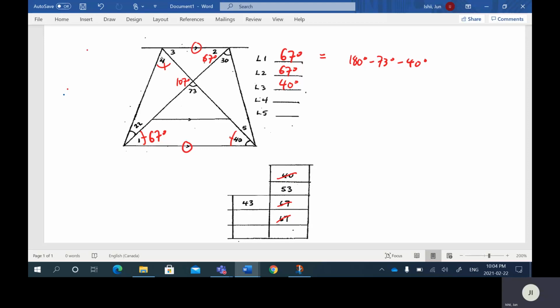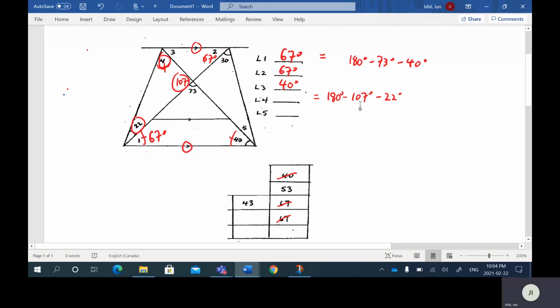So therefore, angles in a triangle add to 180. So these three angles, angle 4, the 107, and the 22, must add to 180. Therefore, angle 4 is going to equal 180 minus 107 minus 22 degrees. All right, so what is that? That is 73 minus 22, which is 50.